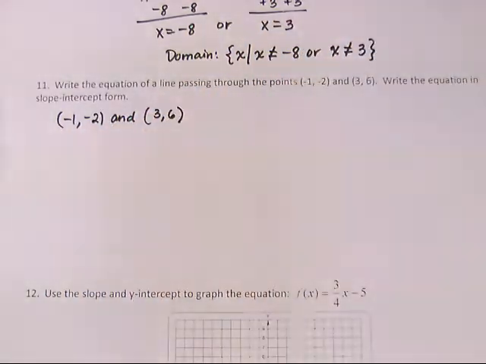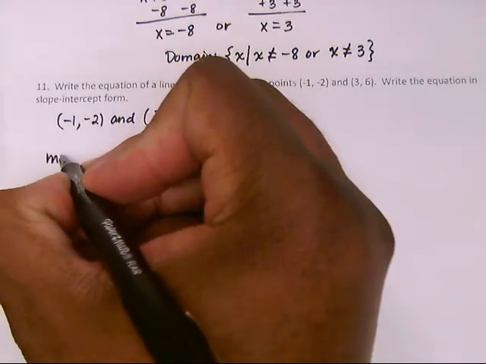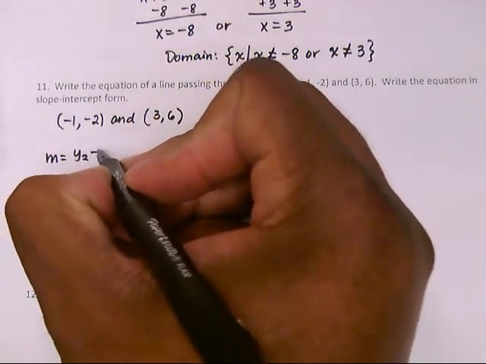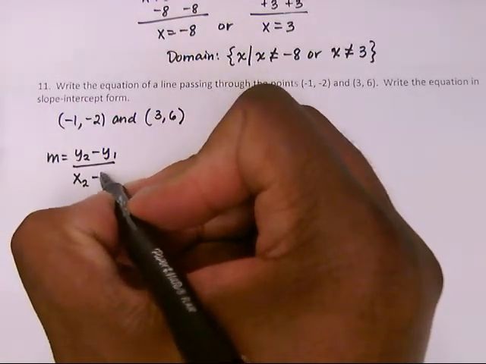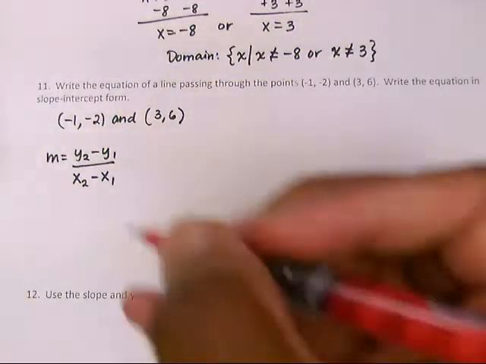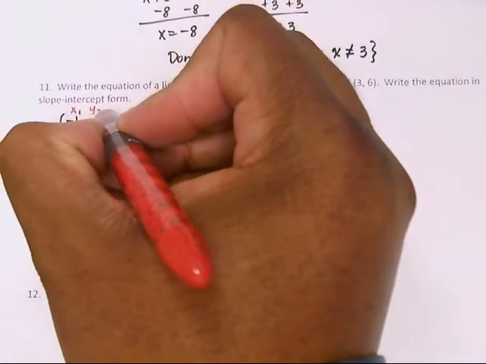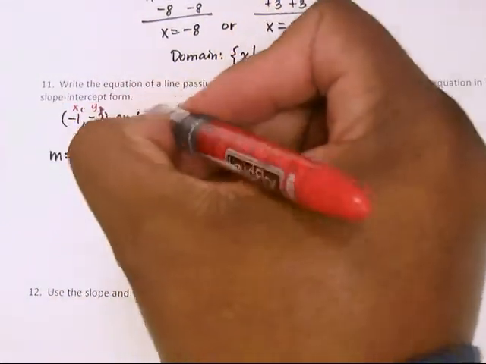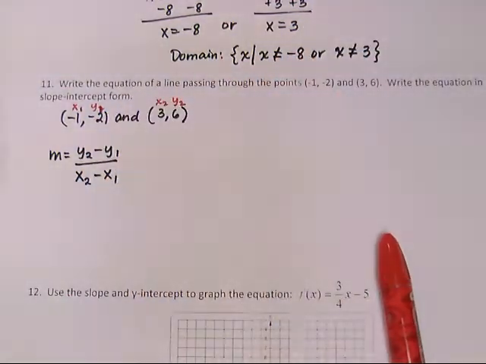The very first thing you need to do here is find the slope using the slope formula, which in this case is m equal to y2 minus y1 all divided by x2 minus x1. So here I'm going to let -1 be x1 and -2 be y1. 3 will be x2 and 6 will be y2.